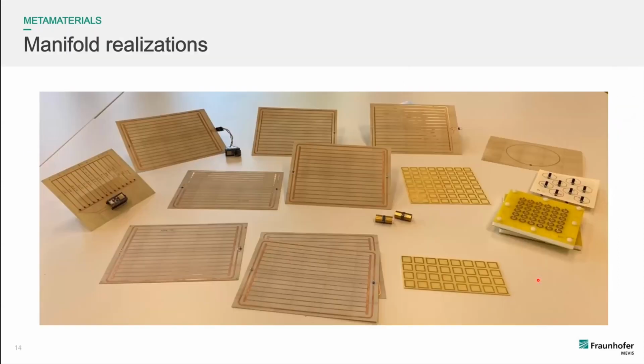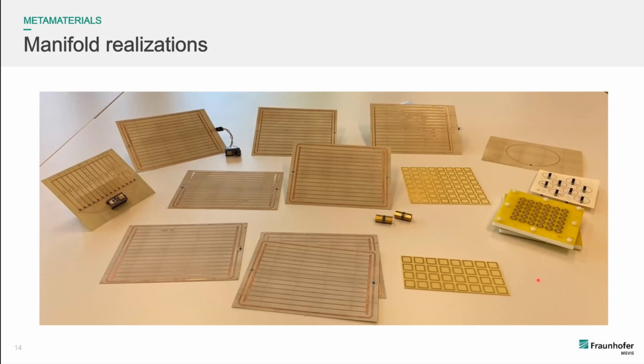Here are just a few of the metamaterials which we build, and I will give you a dive into some of them, not all of them. Those are only those we were building in our institute or together with the other Fraunhofer Institute.